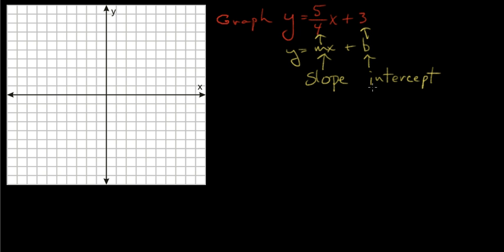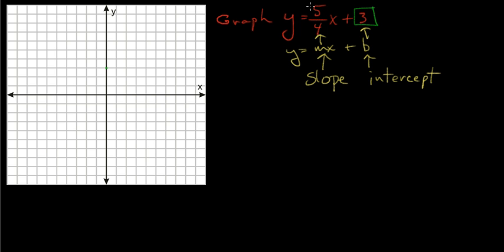M is slope, b is y-intercept. And so if my y-intercept is 3, let's take a look at what that means. I go to the y-axis right here, and I go up 3 units. And there I go, there's y equals 3. So that's my y-intercept.